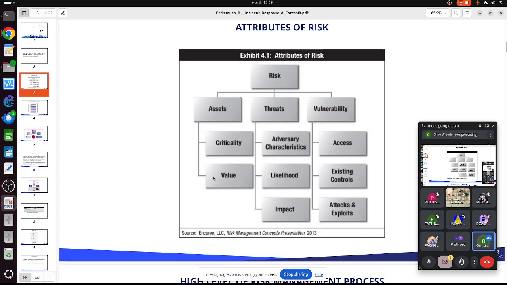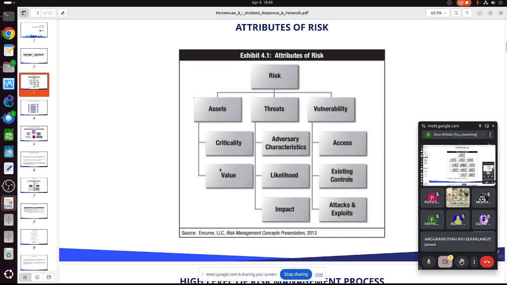There are two things here. There are the critical assets, where if this particular asset is attacked, everything stops working. And then there is the value.